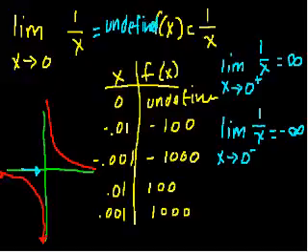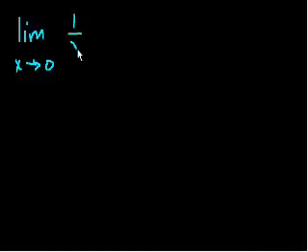So let's do another problem, and I think this should be interesting now. Just keeping that last problem in mind, what's the limit as x approaches 0 of 1 over x squared? So in this situation, I'll draw the graph.